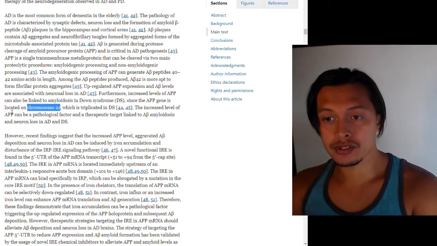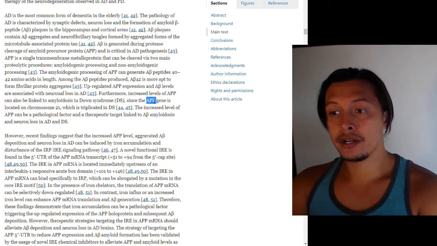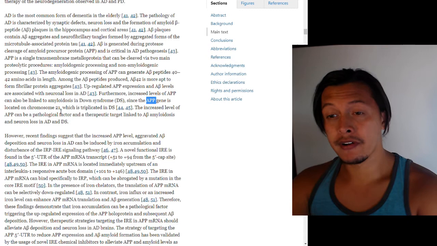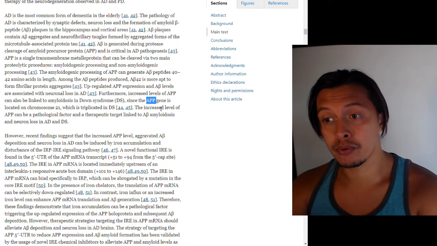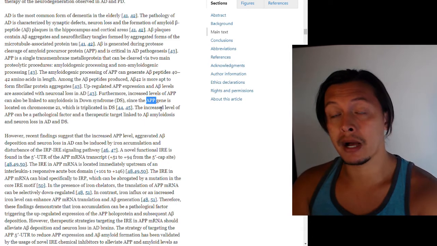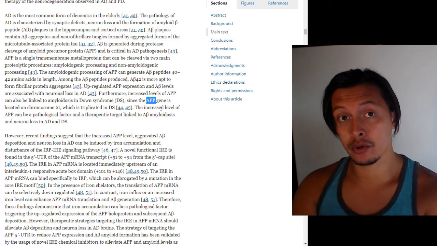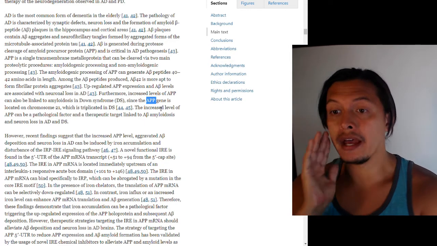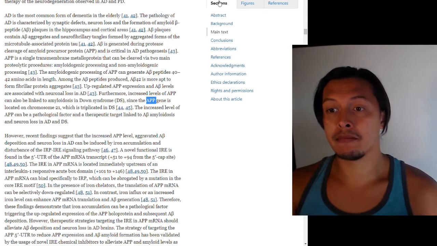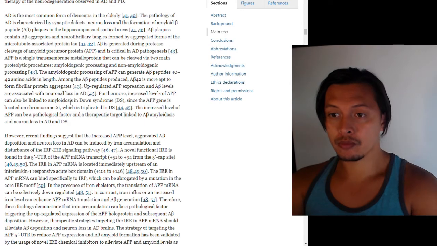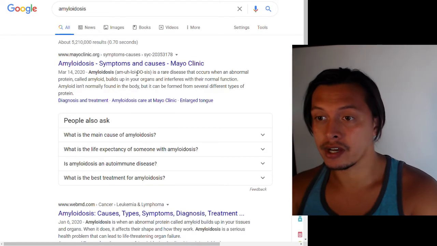And as a result, this amyloid precursor protein gene is found on chromosome 21. So people with Down syndrome might be producing a little bit more amyloid precursor protein than normal, and then this additional amyloid precursor protein might result in amyloidosis, which would be high levels of this.